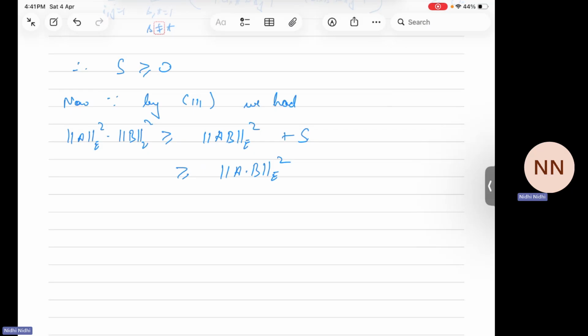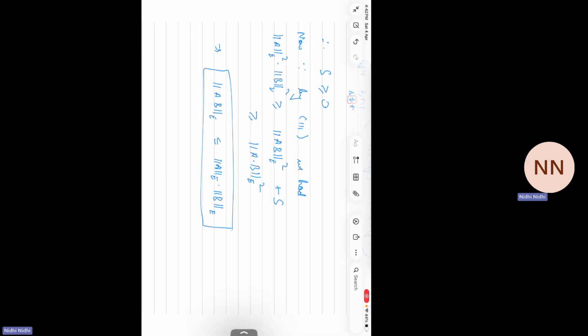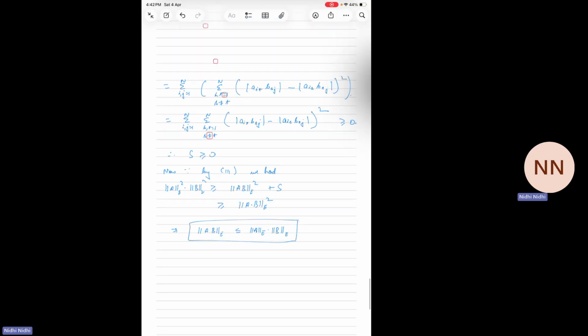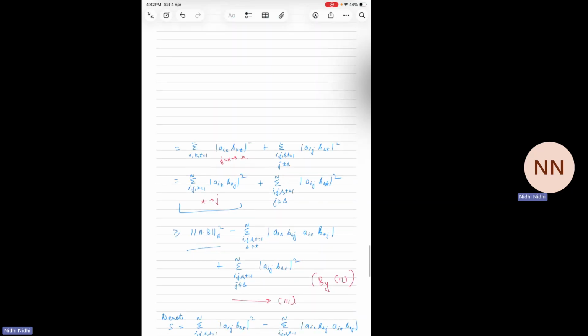So taking square root on both sides, we get norm ab is less than or equal to norm a norm b. This is what we wanted to prove. Okay, so I hope this is fine with everyone.